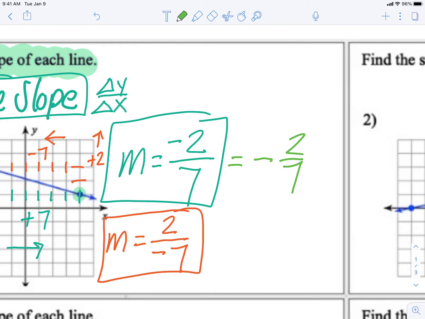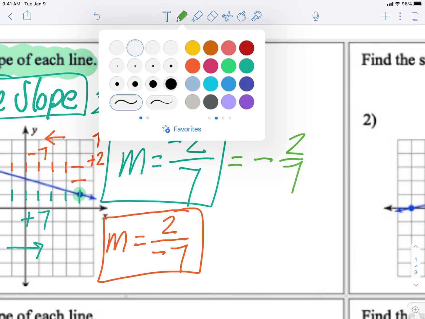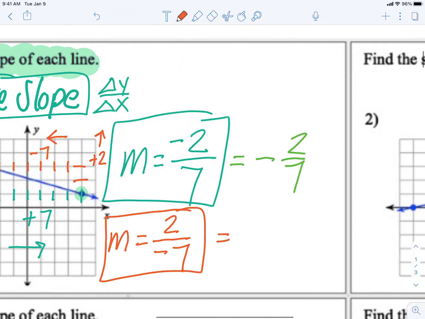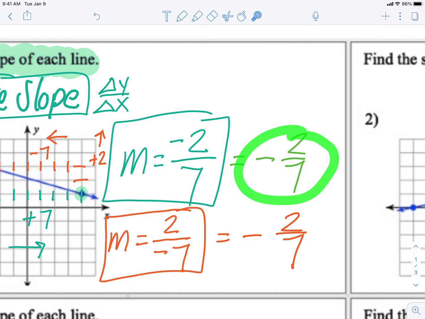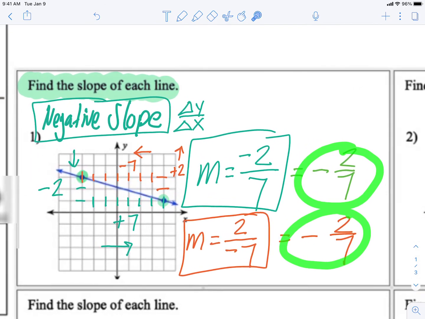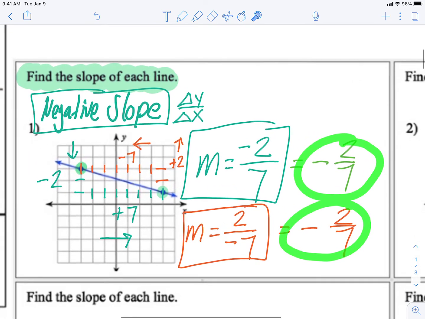Look at that. I'm going to do the same thing with this negative. I'm going to put it in front right here, and then I'm going to write the 2 over 7. And look at that, everybody. -2 over 7, -2 over 7. They're exactly the same thing.